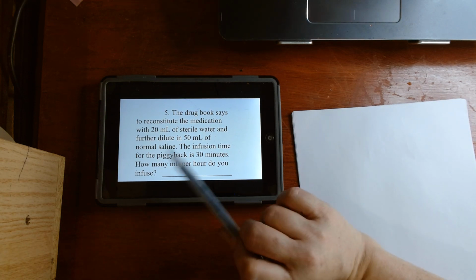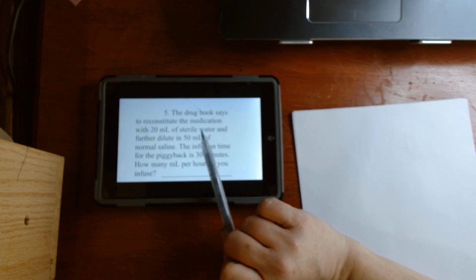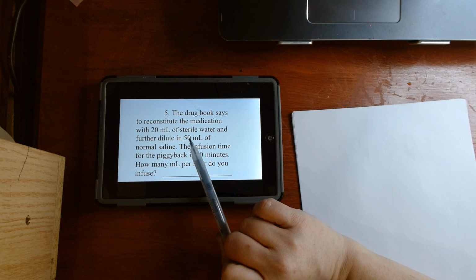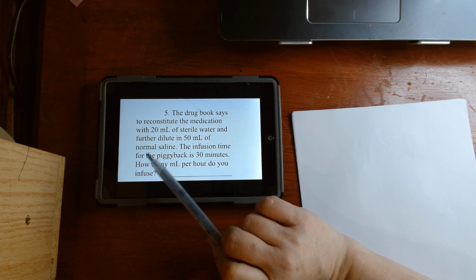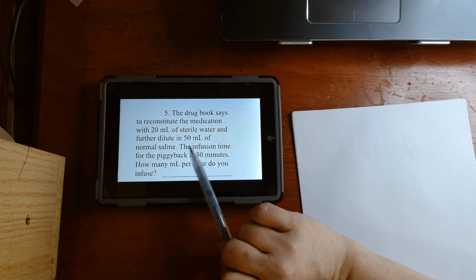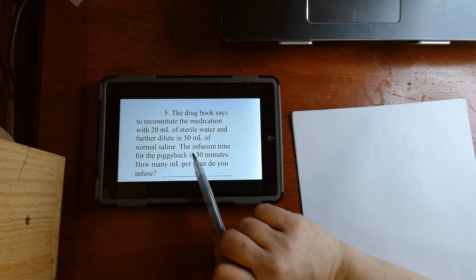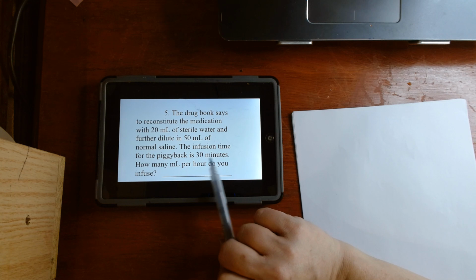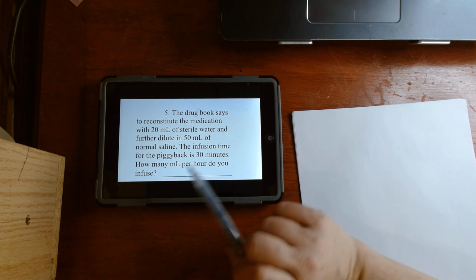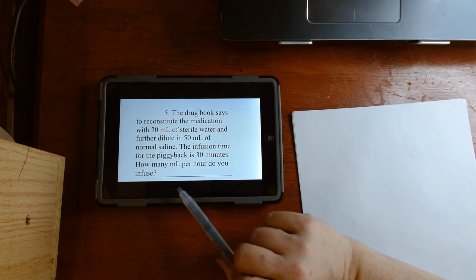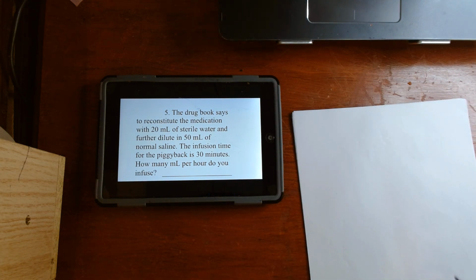The drug book says to reconstitute the medication with 20 milliliters of sterile water and further dilute it in 50 milliliters of normal saline. The infusion time for the piggyback is 30 minutes. How many milliliters an hour do you infuse it?